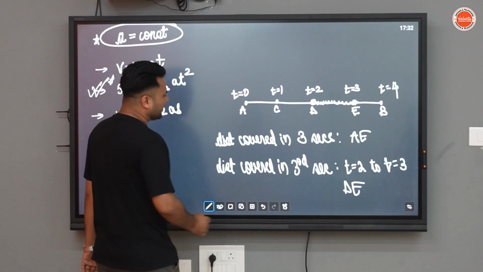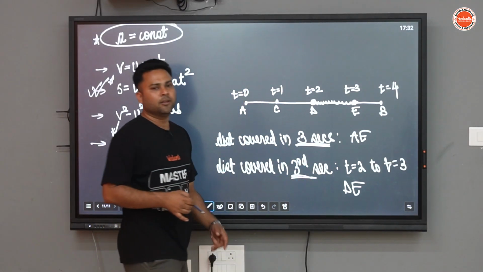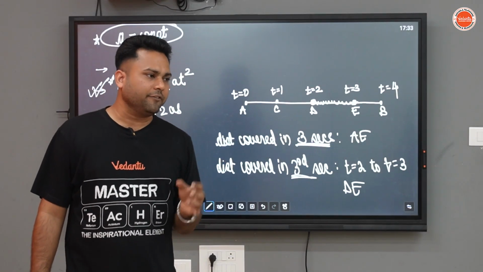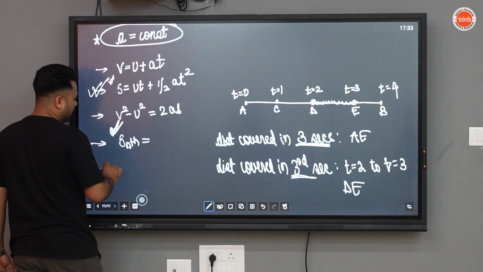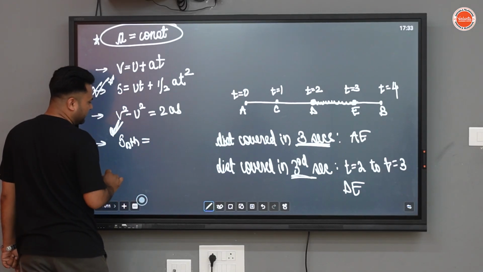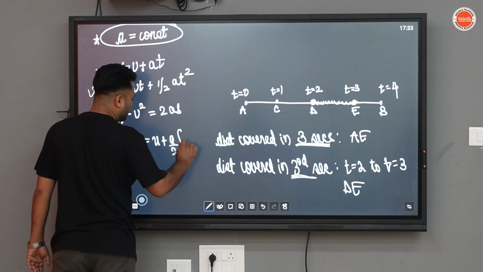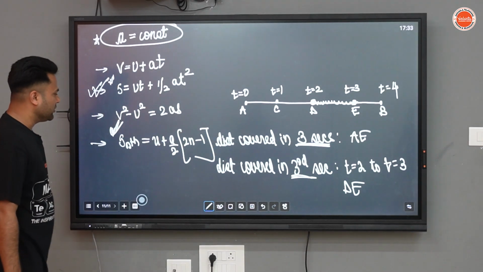So what is the difference? Here they are asking 3 seconds and here they are asking third second. So whenever you see the third second, second second, fourth second, fifth second, here you have to apply this formula. Distance covered in nth second, u plus a by 2, 2n minus 1. So this is the formula.